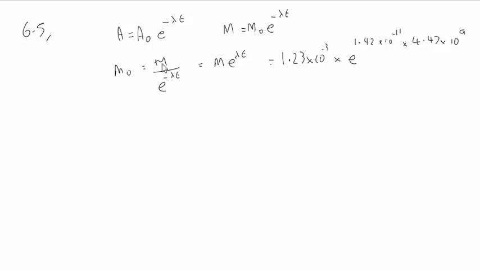These are both in years, so that's fine to keep them in years. That gives a mass of 1.31 times 10 to the minus 3 kilograms, and we've got all our data to 3 significant figures, so we can give our answer as 1.31 milligrams.